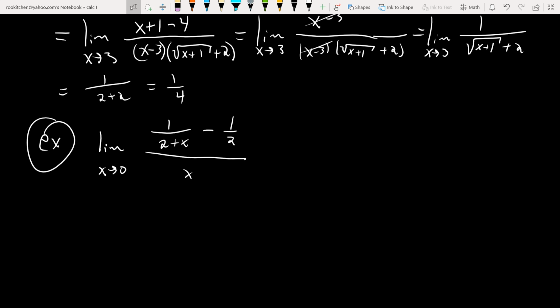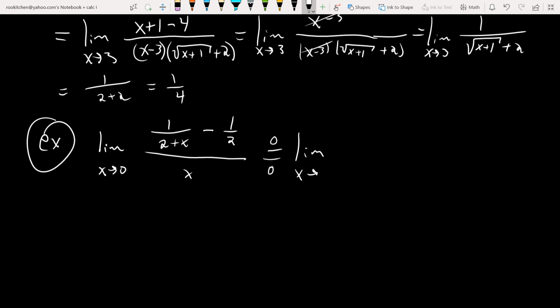The algebra trick here is just finding a common denominator. First off, try to see if it works via a substitution. If you sub in 0 for x, you get 1/2 minus 1/2 in the numerator, which is 0. And then if you sub in 0 for x in the denominator, obviously you get 0. So it's indeterminate. You need to do something.